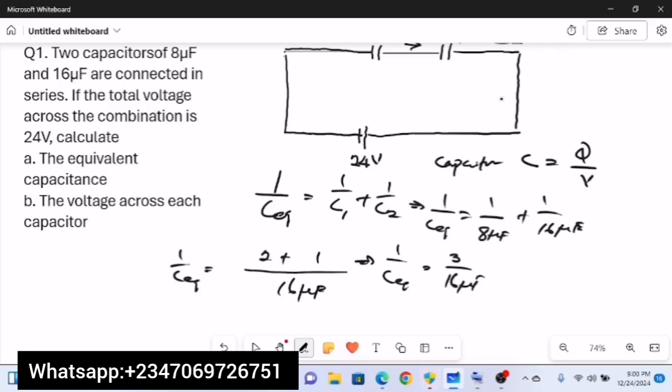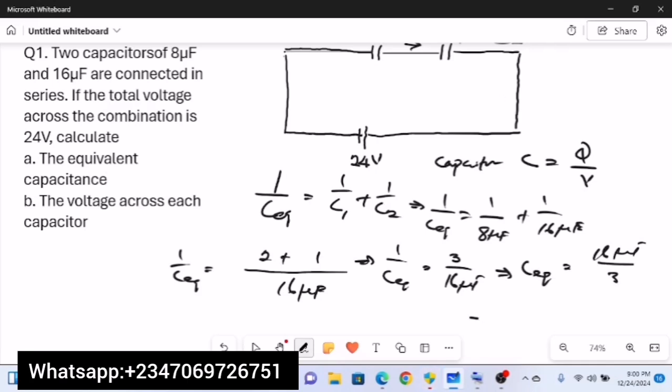In order to find the equivalent capacitance, which is C equivalent, you simply invert: take C up, bring 1 down, then you do the same thing on the right hand side, take 16 up, bring 3 down. So this simply implies C equivalent becomes 16 microfarad divided by 3.